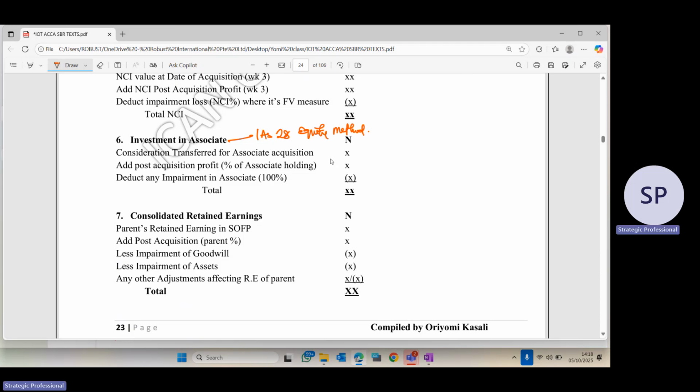Then deduct any impairment from the associate, 100%. Then you get the total balance for your investment in associates.